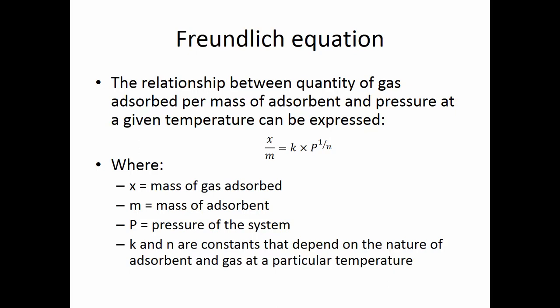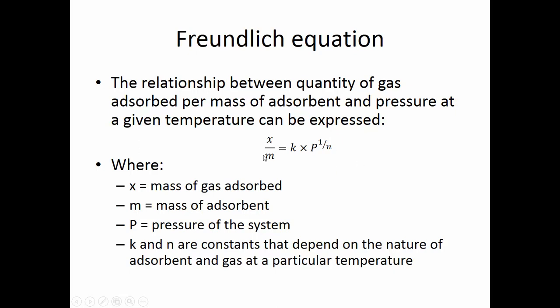And this is represented by the Freundlich equation, which is the relationship between quantity of gas adsorbed per mass of adsorbent and pressure at a given temperature, and is expressed like you see here.